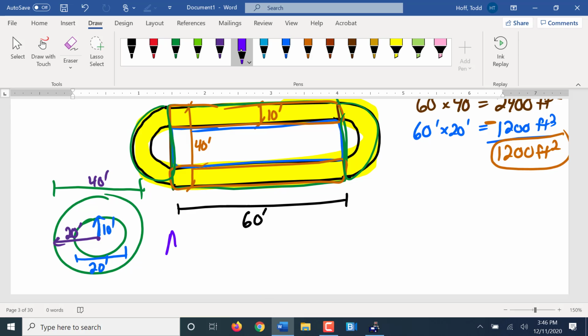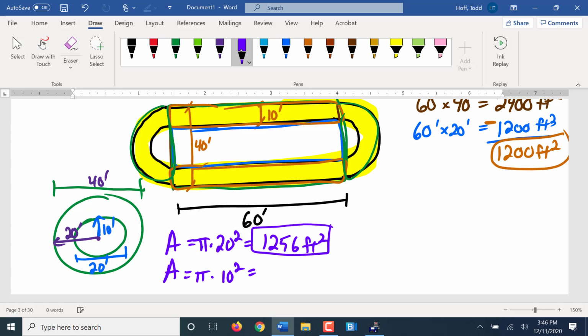So the area of the large circle is going to be found by doing what? Careful, that's the small circle, 20 squared, which is what, 1,256 square feet. For the little circle, it's what, pi times 10 squared, otherwise known as 314 square feet.